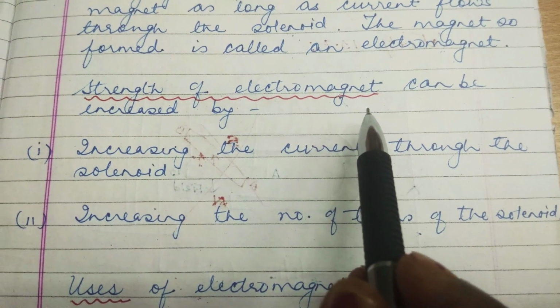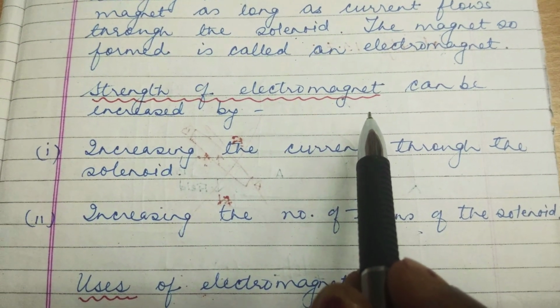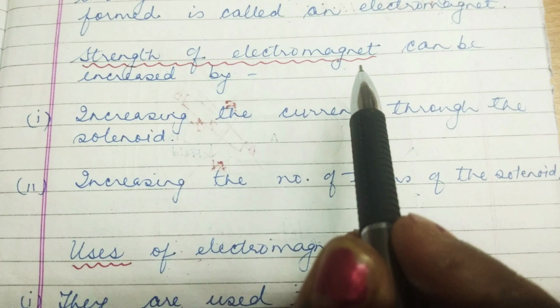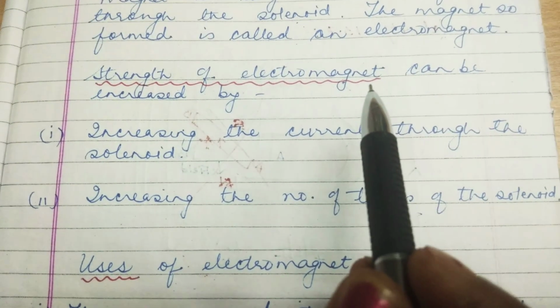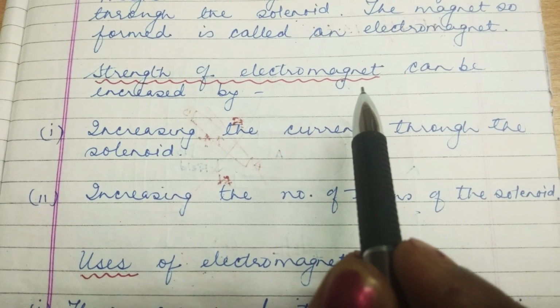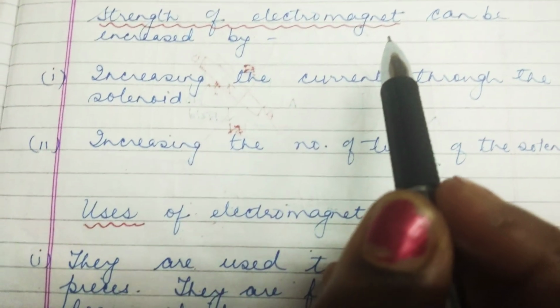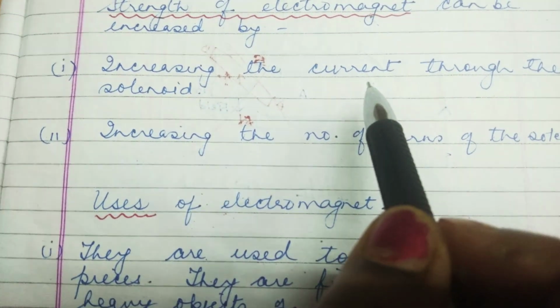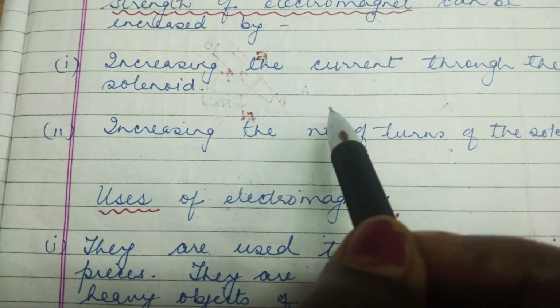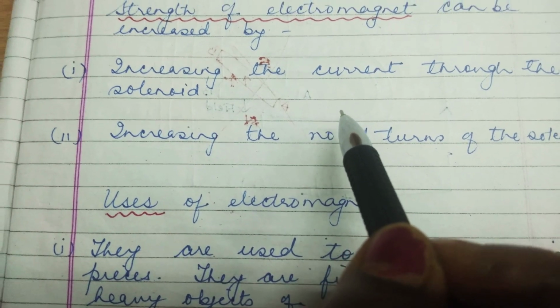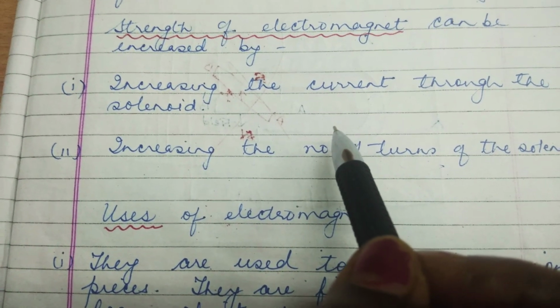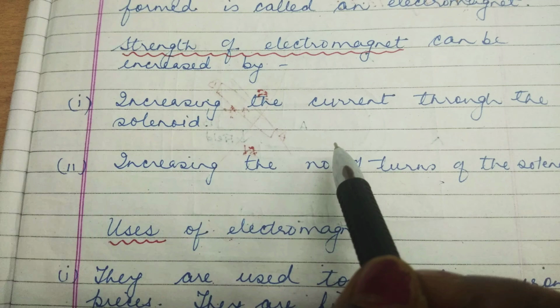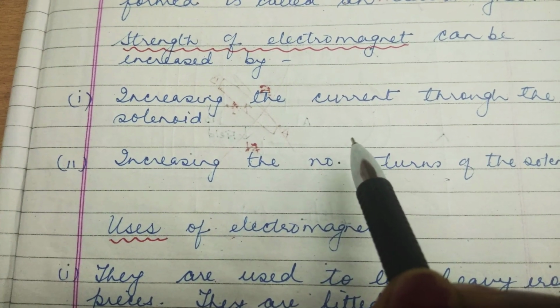Now the electromagnets have many uses. They are used to lift heavy iron pieces. They are fitted on cranes carrying heavy objects of scrap iron in the industries and factories. They are also used in many devices like electric bell, electric horns, electric motors, etc.